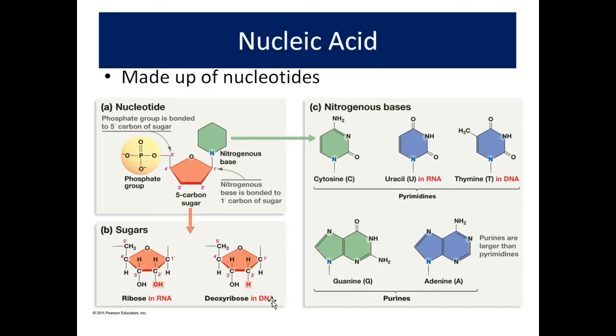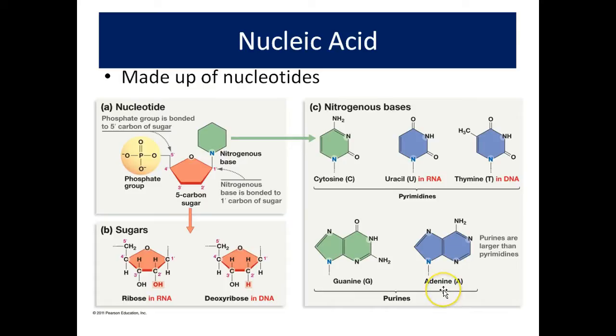Functionally, the primary difference in the sugar molecule between RNA and DNA is the presence or absence of that hydroxyl group. The 3rd component of a nucleotide is a nitrogenous base. In DNA, those nitrogenous bases are cytosine, thymine, guanine, and adenine.